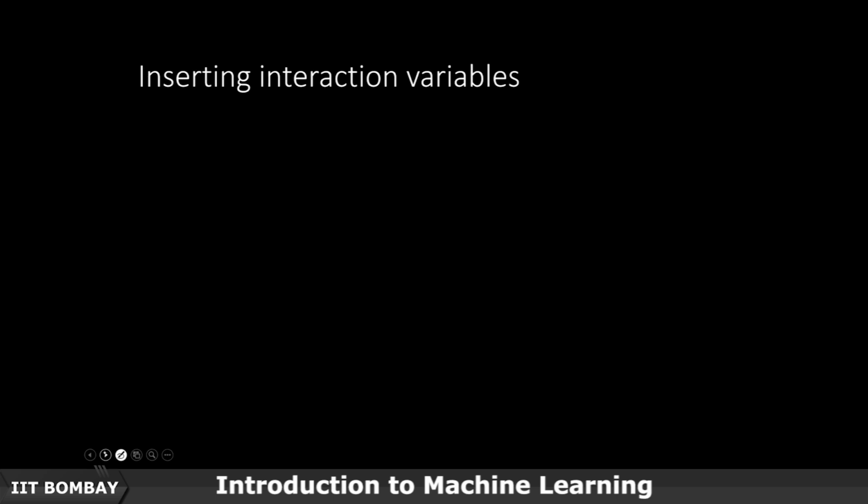Okay. So we already saw how to insert interaction variables. Let's say if we have variables xi and xj, we can insert variables which are xi times xj. So that is how we will insert it. The caution that I was talking about was that now these will be correlated to both xi and xj, and the problem with that is, let's say two variables are completely correlated.